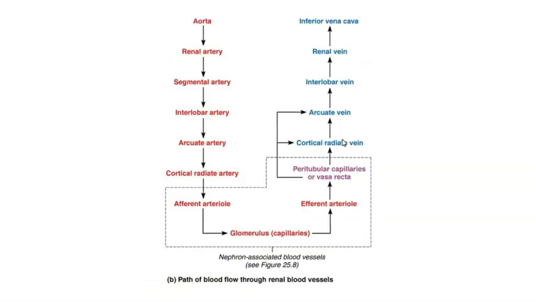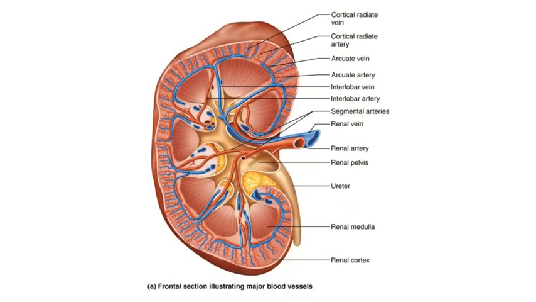From there, the veins merge into slightly larger veins called the arcuate veins. The arcuate veins, also located at the base of the renal pyramids, form an arch shape over the base of those pyramids and receive blood from the cortical radiate veins.